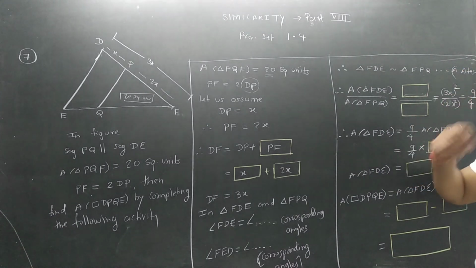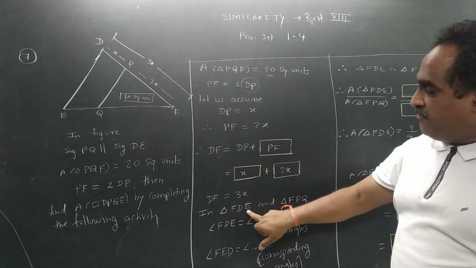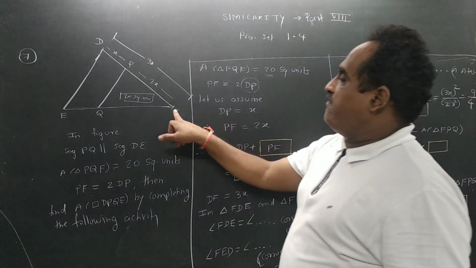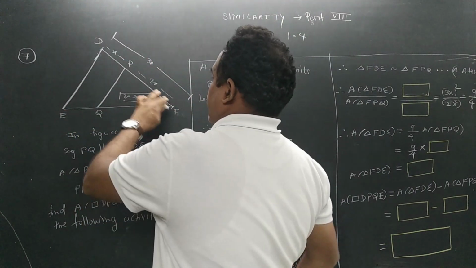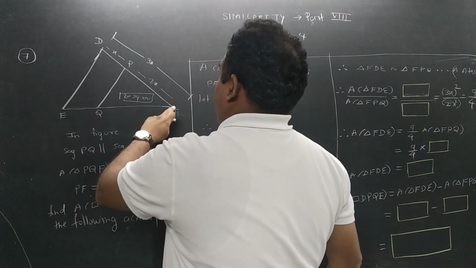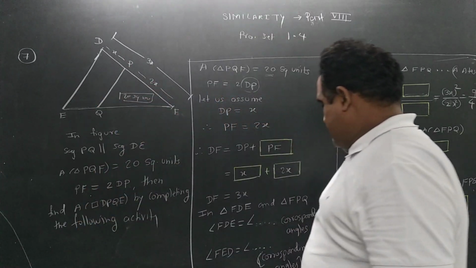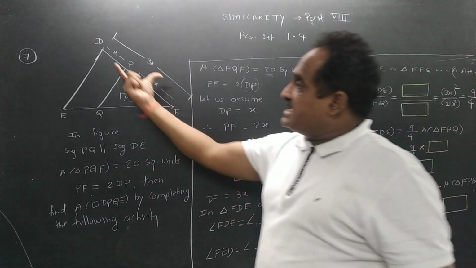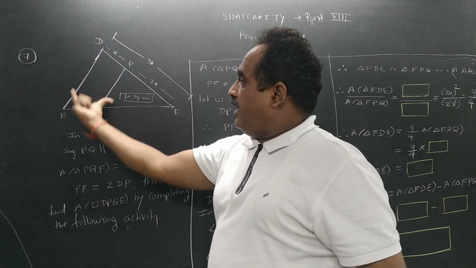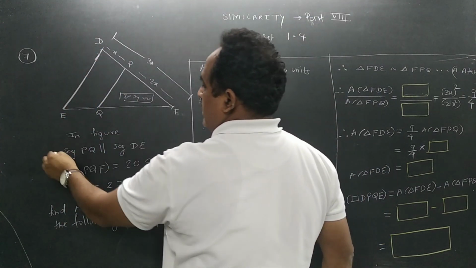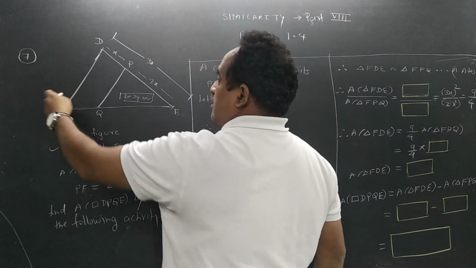Now in triangle FDE and FPQ, these two segments are parallel. They are given that PQ is parallel to DF.